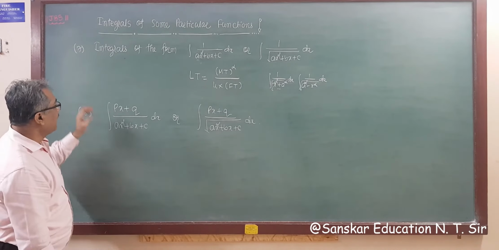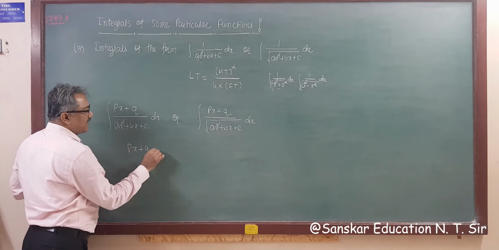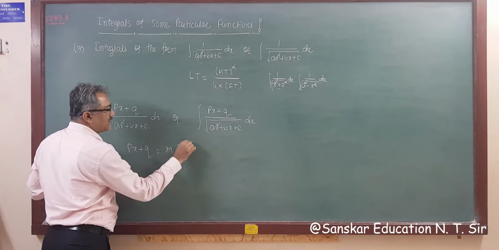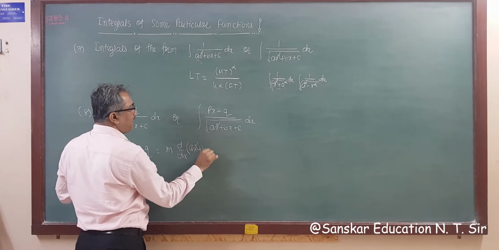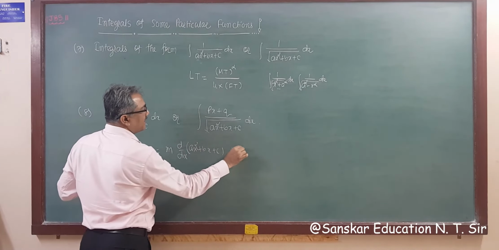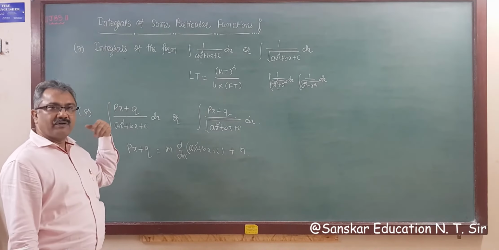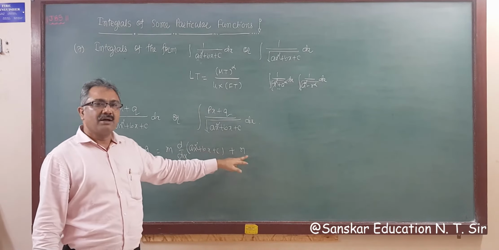You have to assume that px plus q is equal to m into d/dx of the denominator, that is ax square plus bx plus c, plus another constant n. You have to assume the numerator is equal to some constant into the derivative of the denominator plus another constant.